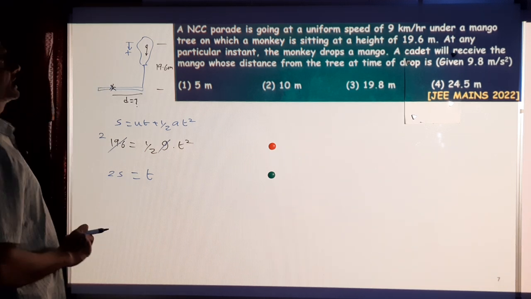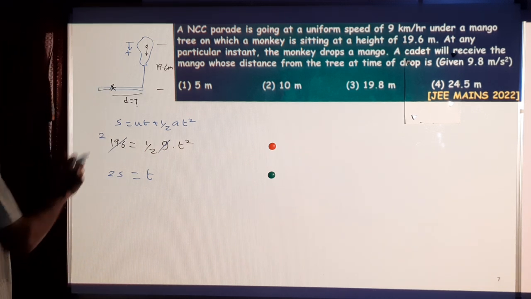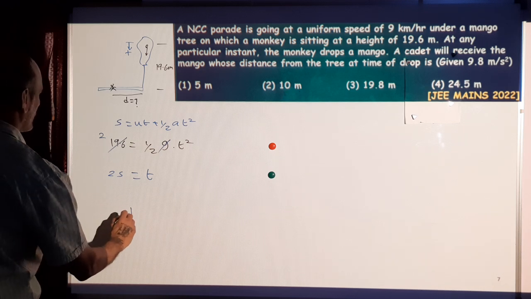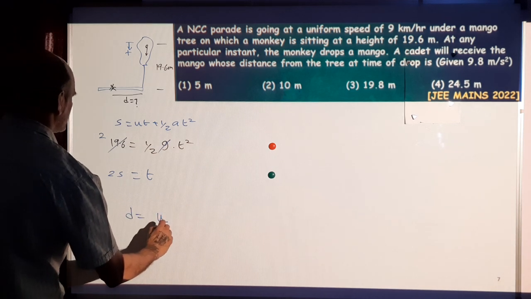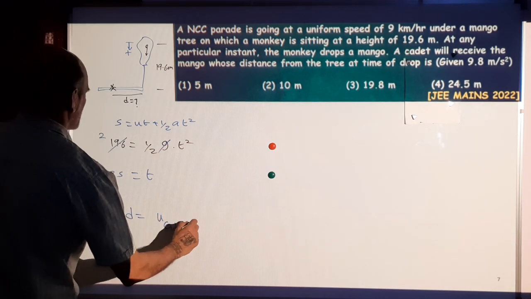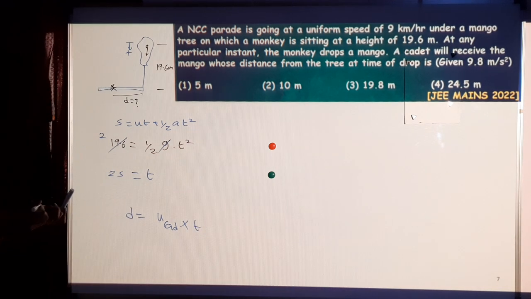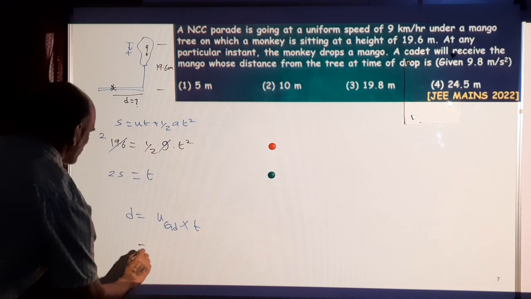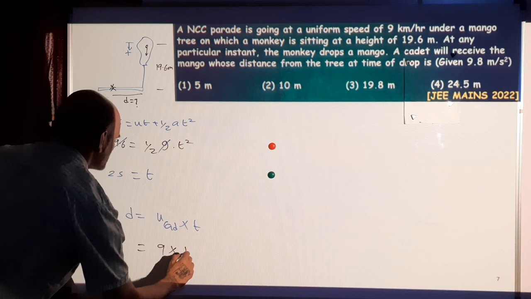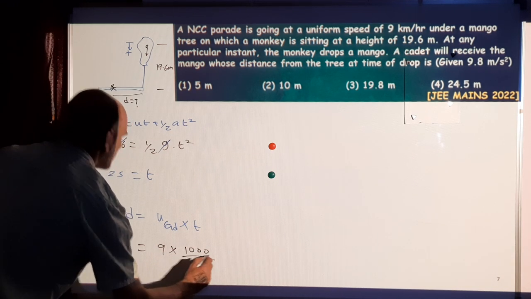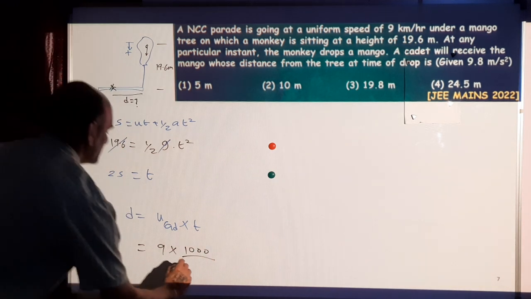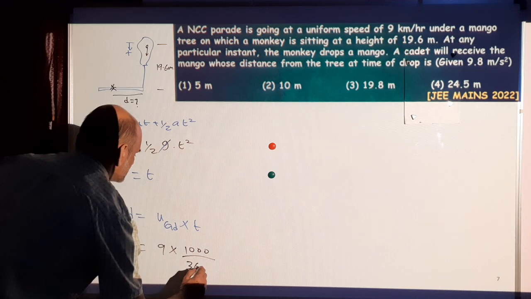So the speed of this cadet is known, 9 kilometers per hour. The distance d is speed of the cadet into the time, but the speed is given in kilometers per hour. So converting to meters, multiply by 1000, and per second, divide by 3600.